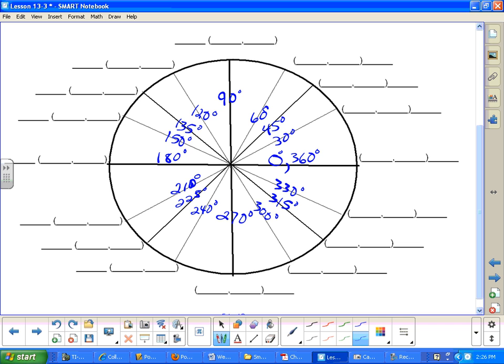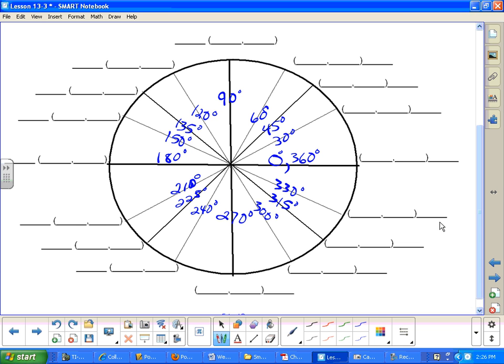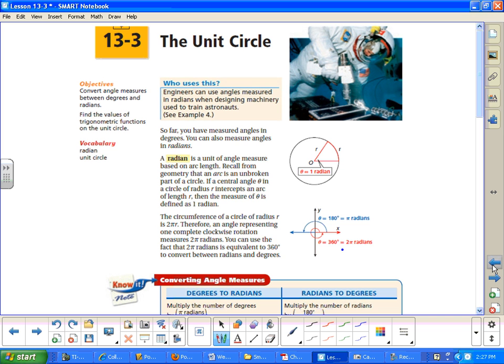All right. Now let's talk about the radians. With radians, how far is it around the circle? 360 degrees is the same as 2 pi radians.